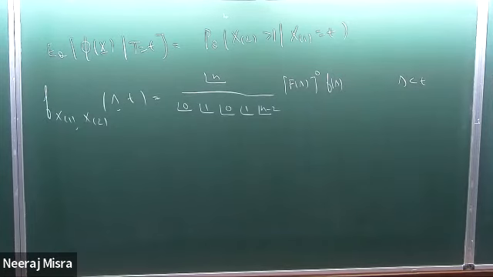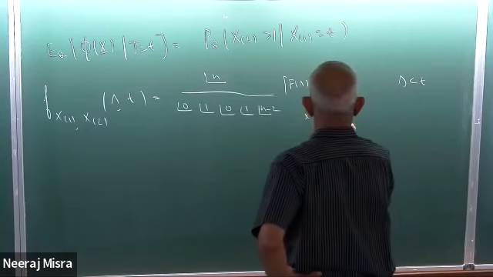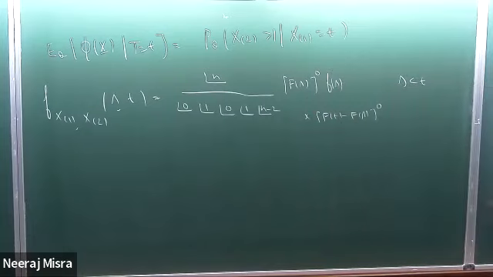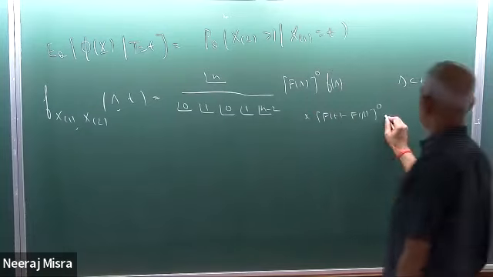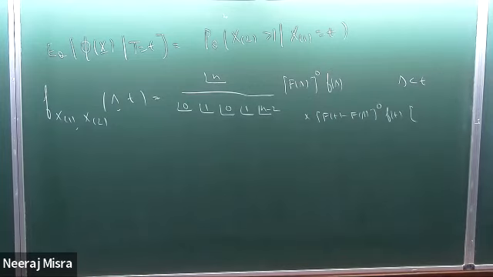So f of s. What will be this? F of t minus F of s to power 0. One over here, f of t, and n minus 2 over here. What is the probability of an observation being over here? 1 minus F of t.